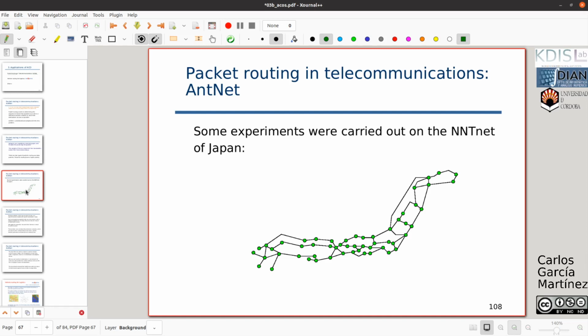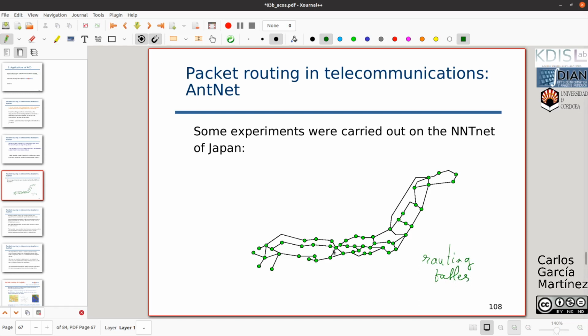In particular, in this experiment, it is a computer network where these nodes are computers, and I don't know if you know how computer networks are configured, but the idea is that each of these nodes have got routing tables.